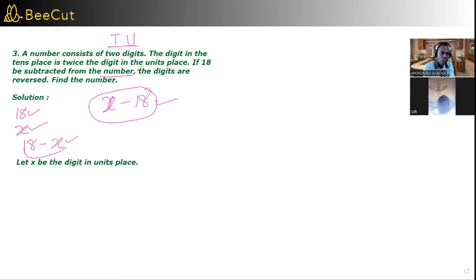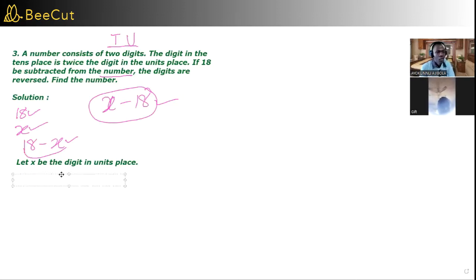And it says the digit in the tens place is twice the digit in the units place. So the digit in the tens place becomes twice that digit you already put, which is 2X.